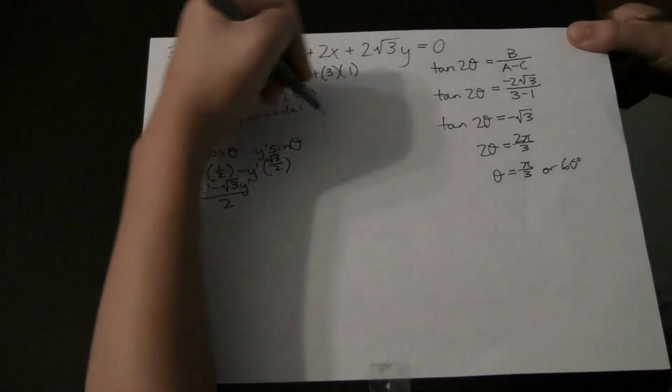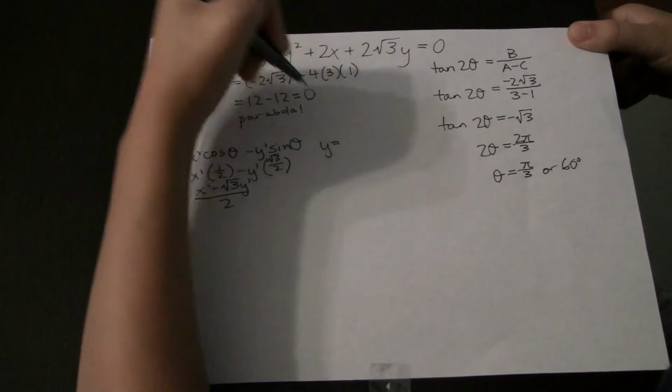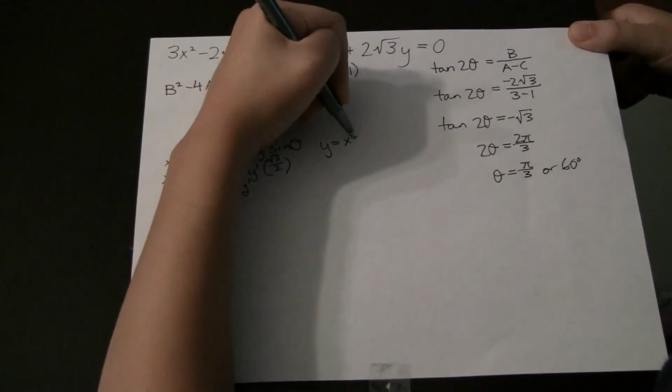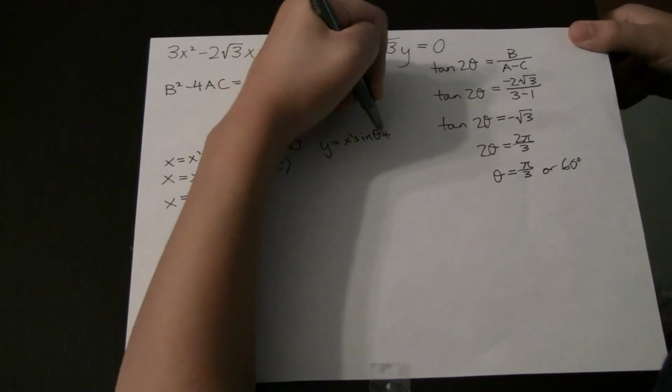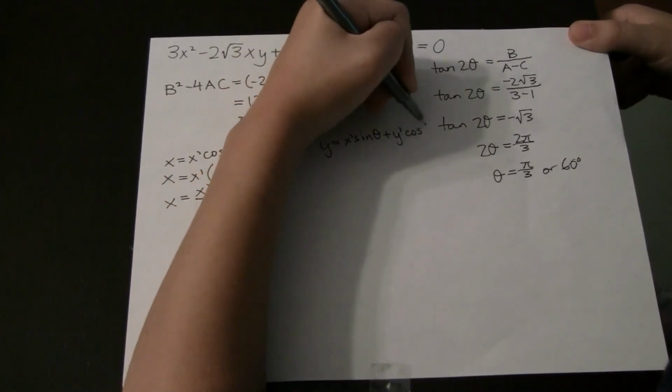For y, it's pretty much the same thing. Use the formula x prime sine of theta plus y prime cosine of theta.